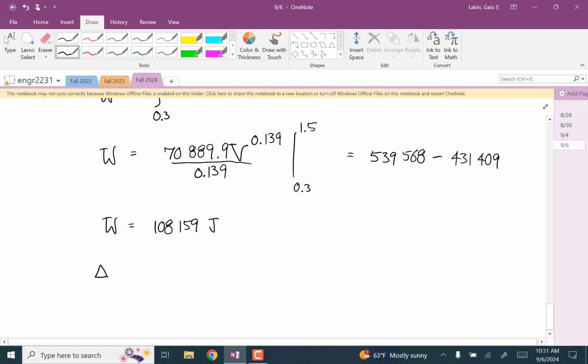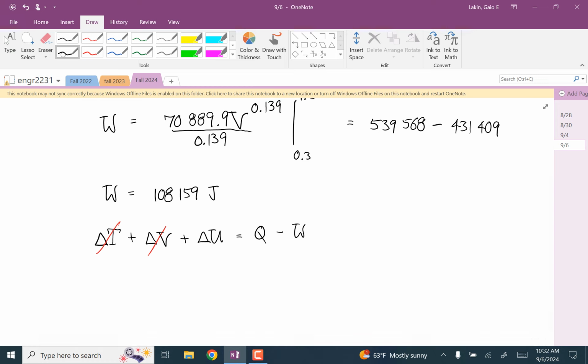We know that the change in kinetic energy plus the change in potential energy plus the change in internal energy, and these two, we're told that those are 0, is equal to Q minus W. So the change in U is equal to, 200 joules of energy is added through heat to the gas.